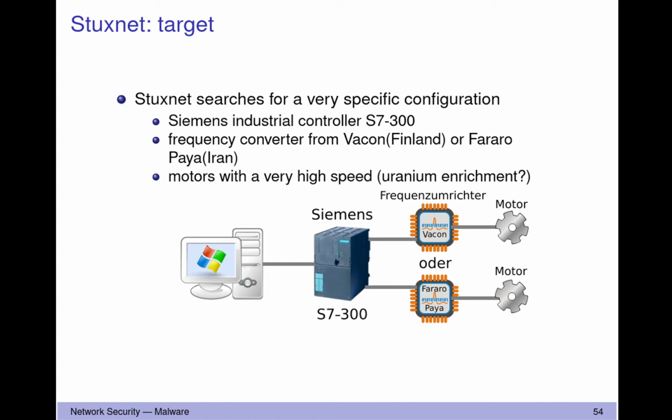It's the Siemens industrial controllers S7-300 with a specific frequency converter from Vacon and Fararo Paya. It's very, very specific, obviously. And what it did, it took influence on the motors so that they work outside of their specifications and break down faster.